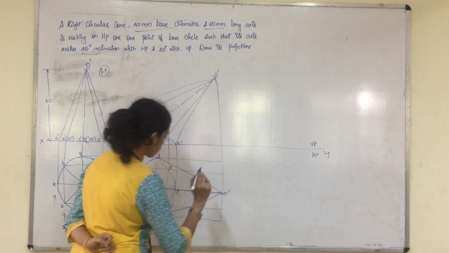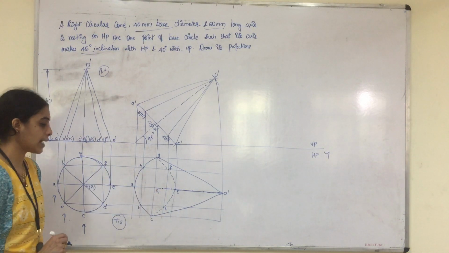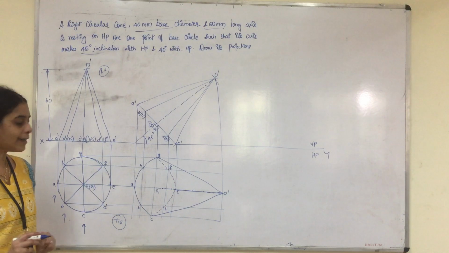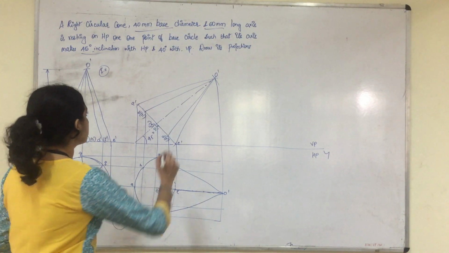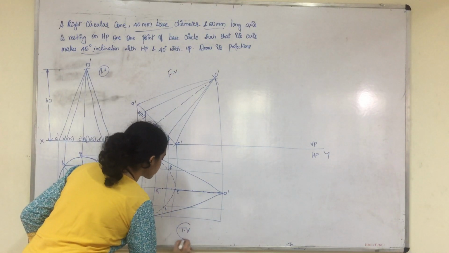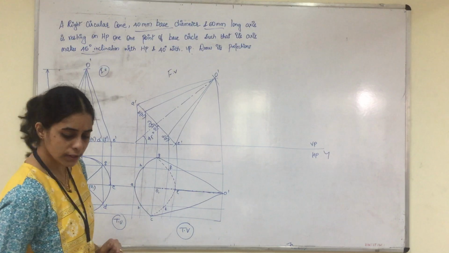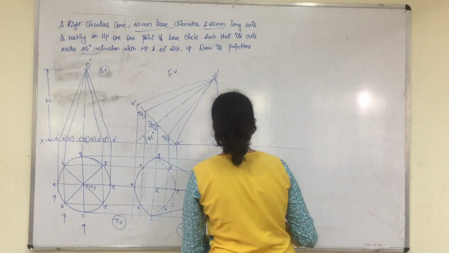So you can just join it. Okay, only inside you can show the axis pattern. So this is how it looks like in the second stage. So this is our second stage front view and the top view. After that, what is the inclination with respect to VP is given.